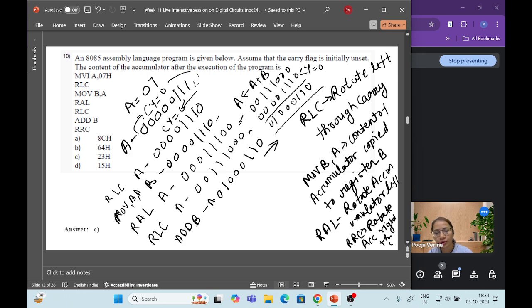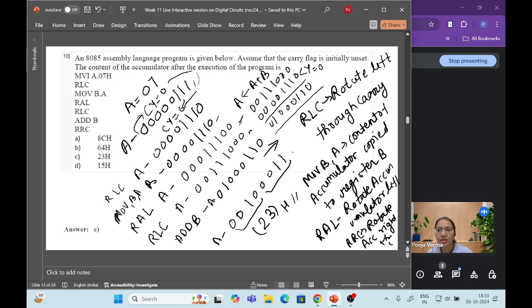So what will be the content? That is 0 0 1 0 0 0 1 1, right? Okay. So what will be the final content in the accumulator? It is 2 and it is 3. That means 23H. So the final content in the accumulator is this and the corresponding hexadecimal value is 23.